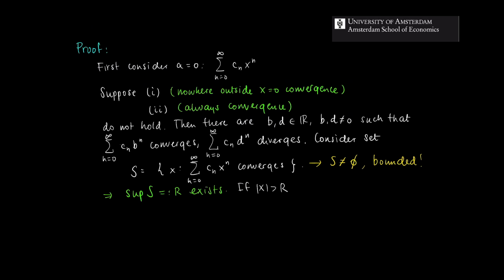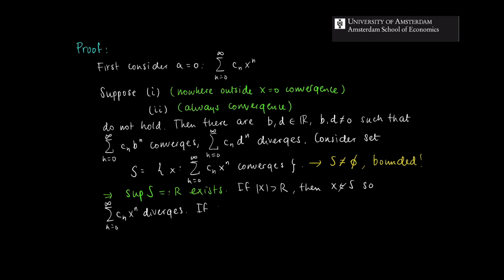First we'll look at the case where the absolute value is larger than R. What does it mean? Well, R is an upper bound for the set S, which means that x cannot belong to S. So if x does not belong to S, then the power series for this x is diverging, right? Okay, that's one part.